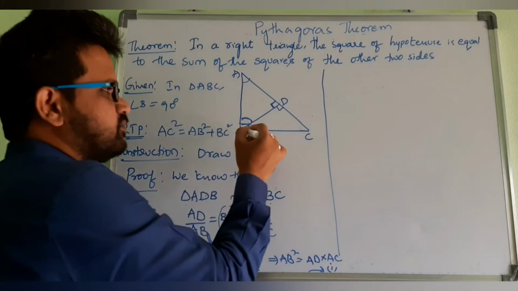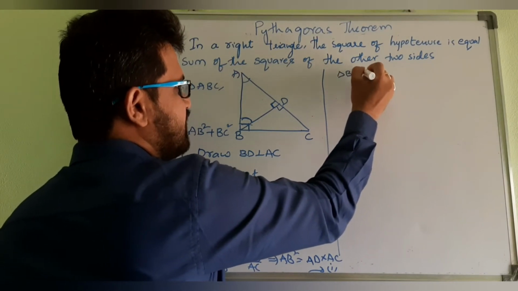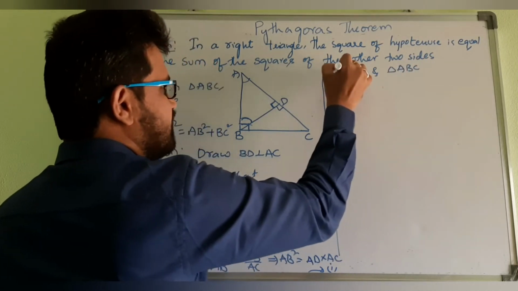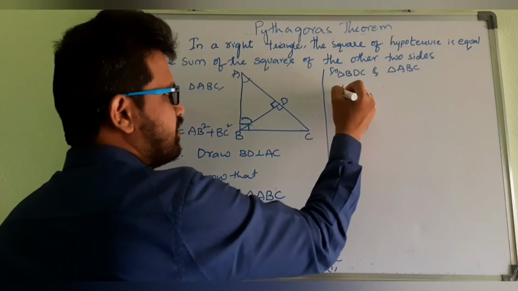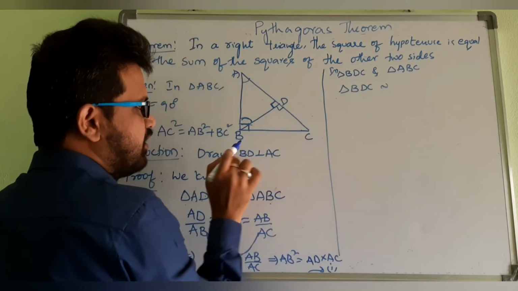And next, in triangle BDC and triangle ABC, you write triangle BDC is similar to... how to write that again? If you want, I will explain.